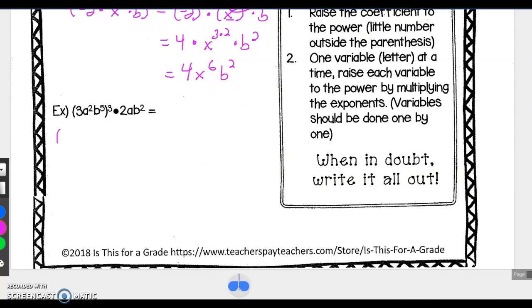All right, same thing here. Be careful that you don't just give this 3 to the b to the 5th here, because it belongs to everything in parentheses.